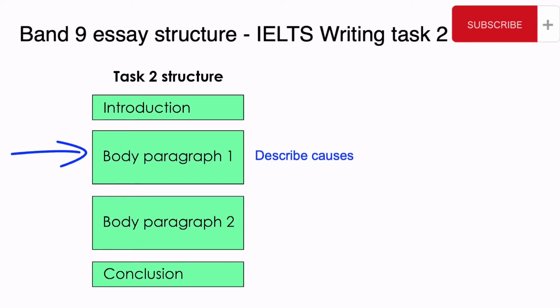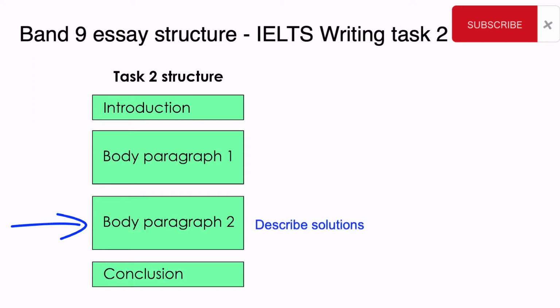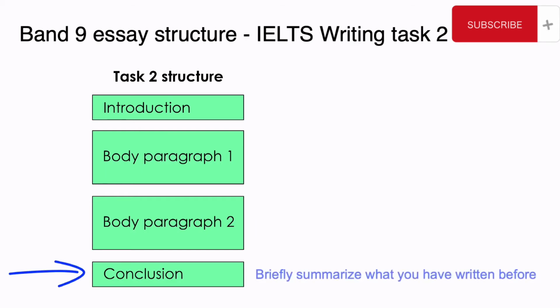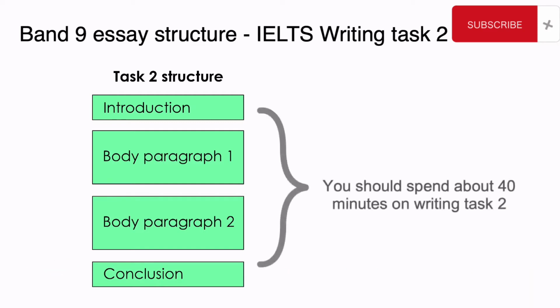In this paragraph, you describe causes. Next, you write body paragraph 2, and in this paragraph, you describe solutions. Finally, you write a conclusion. In the conclusion paragraph, you briefly summarize what you have written before. You should spend about 40 minutes on writing task 2.